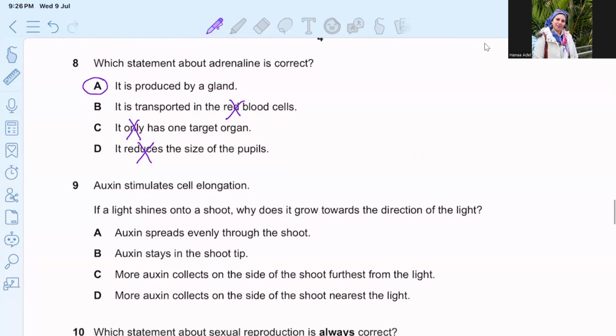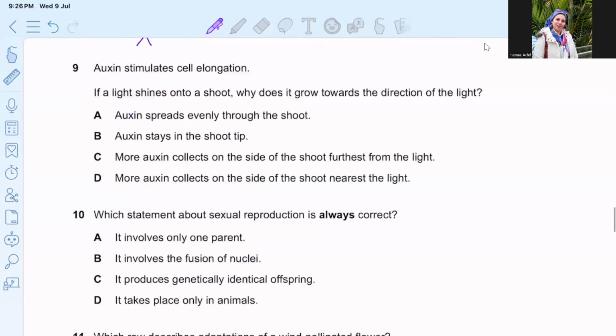Question 9. Auxin stimulates the cell elongation. If a light shines onto a shoot, why does it grow toward the direction of the light? We have to revise it again. If we have this shoot, and we have here the source of light on one side, what happens to the auxins? We can find the auxins migrate to the other side, away from the light.